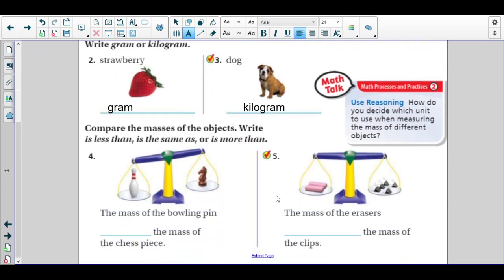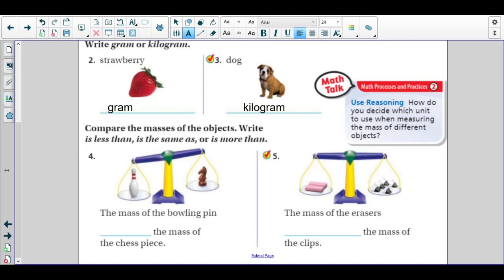And then down here, compare the mass, if it's less than, the same, or more than. Just like some of the examples that we did with the stars and the heart, we have the pan balance. It is coming down this way.